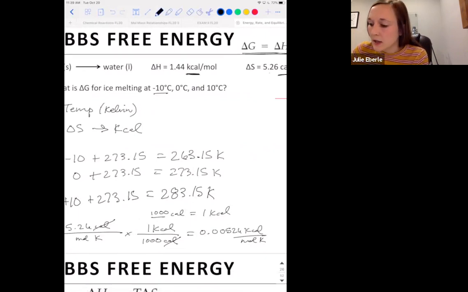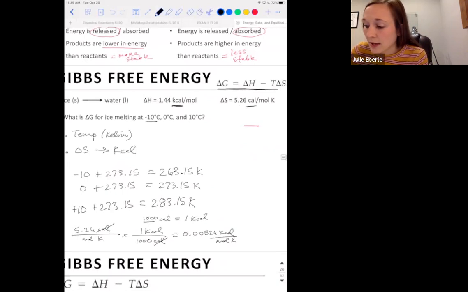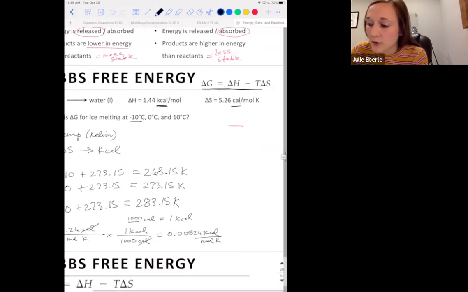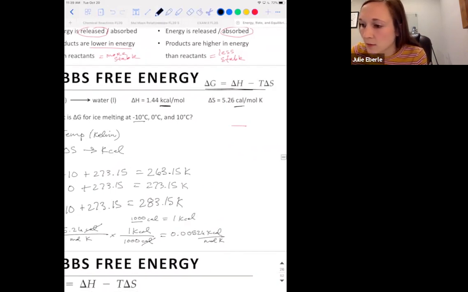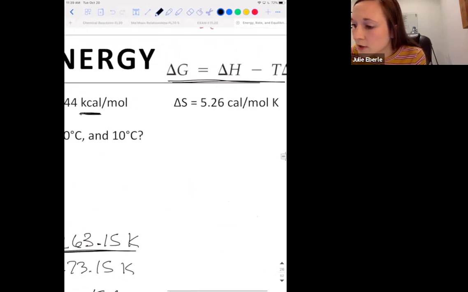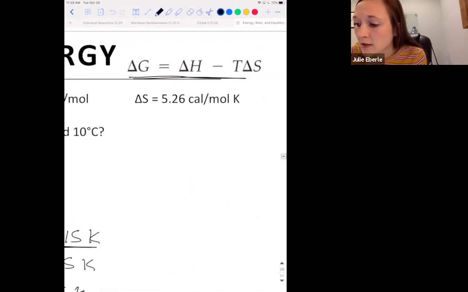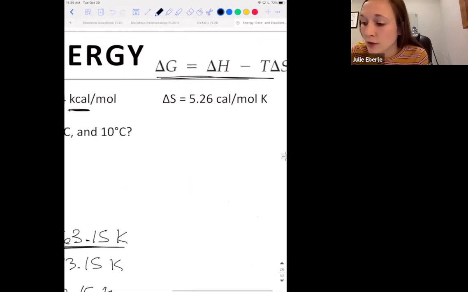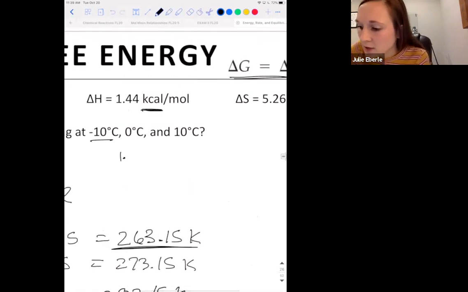Okay. All right, now that we have our temperatures and we have our correct delta S, now we just plug it into the equation. So we're going to do 3 equations here. I'm going to try to write small. So here's our first equation, and we're going to use our first temperature. And our equation, remember, where's our equation? Here it is, delta G equals delta H minus the temperature times the new delta S. So delta H is what?